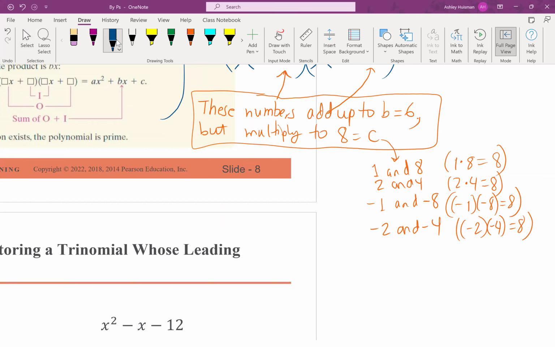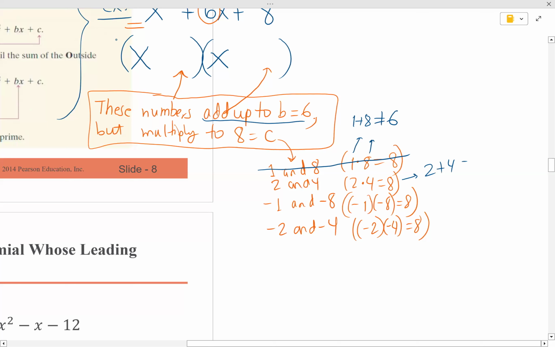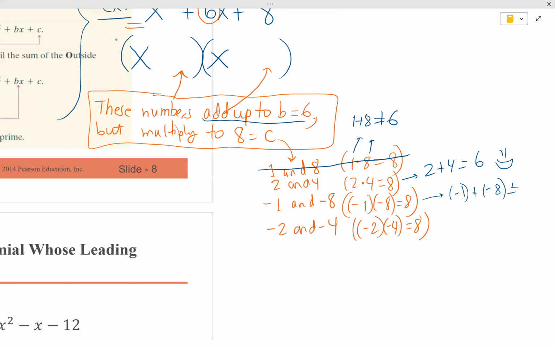That's the determining factor. They have to add up to 6. Do 1 and 8 add up to 6? 1 plus 8, no, that's not 6. So this is the wrong pair. How about 2 and 4? Is 2 plus 4 equal to 6? Ooh, that's a winner, I think. Just to be safe, I'm going to rule these out. -1 plus -8 is definitely not 6.